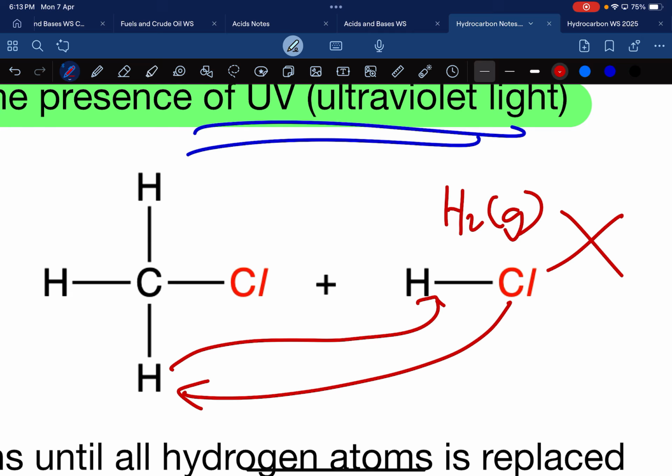Wait, is this Cl-Cl a chlorine molecule or chlorine atom? Molecule. It's a substitution of an atom that came from a molecule, Cl2. Good?